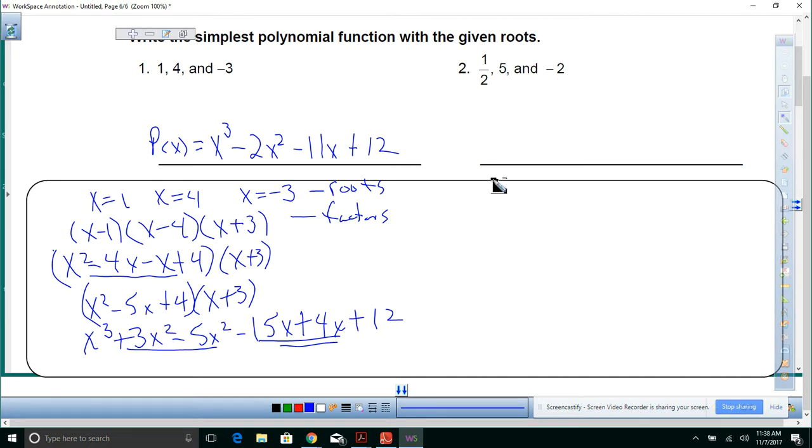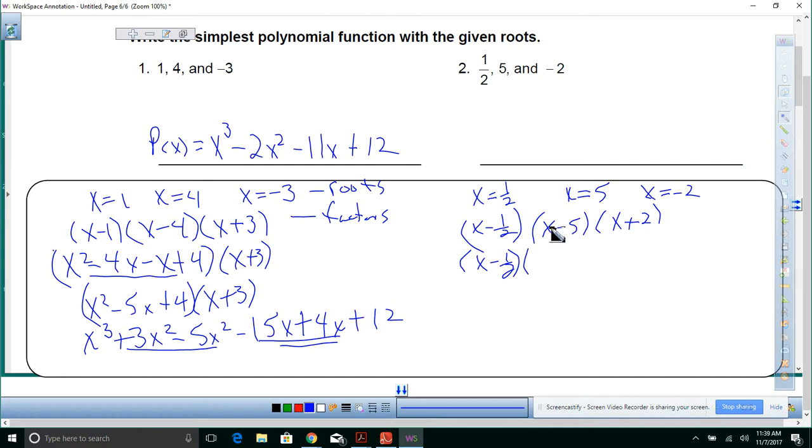Now what about here? You've got x equals 1/2, x equals 5, and x equals negative 2. That's going to give you x minus 1/2 times x minus 5 times x plus 2. All right, so I'm going to do the back two first. x times x is x squared, plus 2x, minus 5x, minus 10.